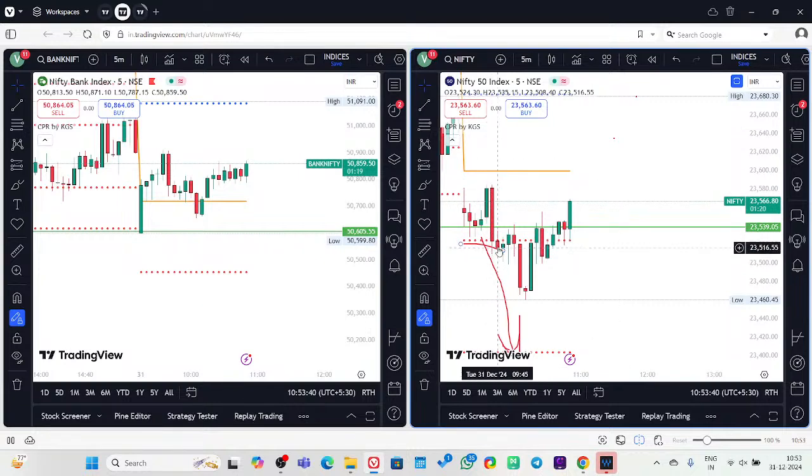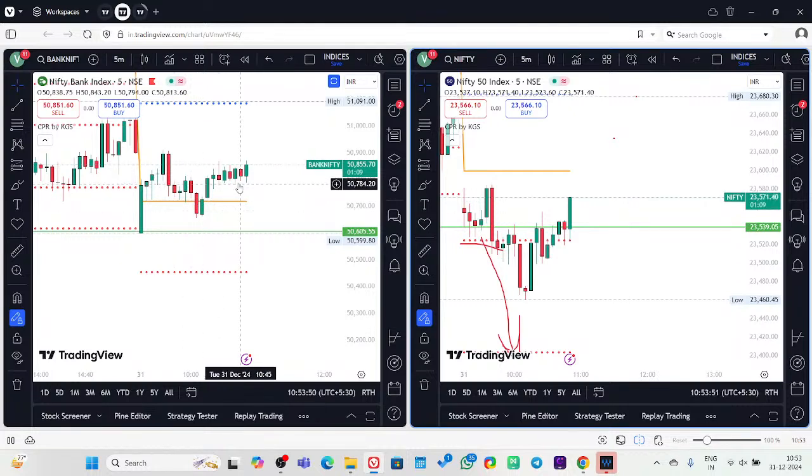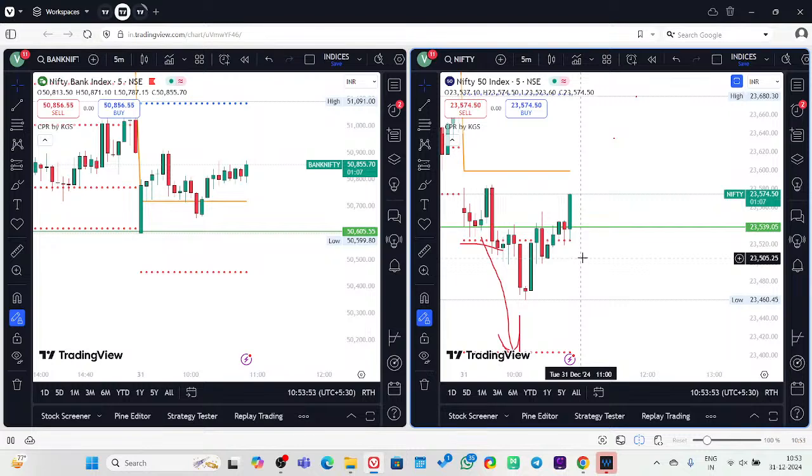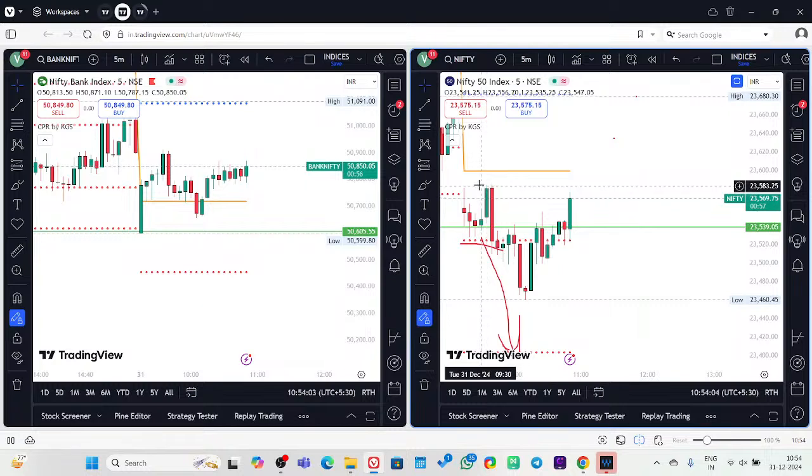I'm not interested at this area because there is an immediate support in Bank Nifty which could move the price against me. Buyers are in control and they are moving the prices up. This is the strong resistance. This first 5 minute candle high around this area is strong resistance.